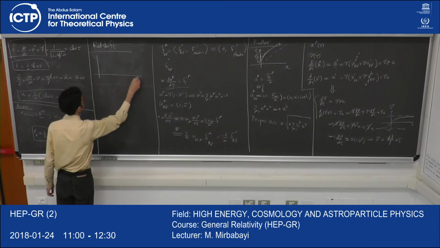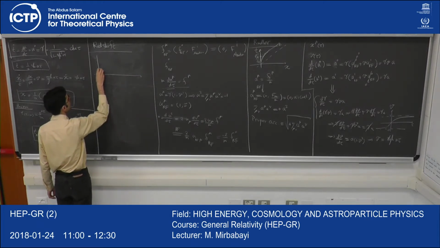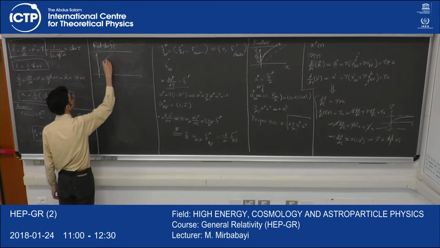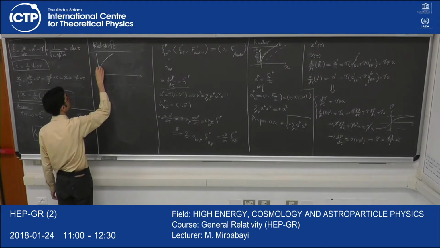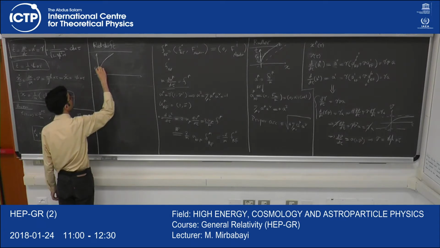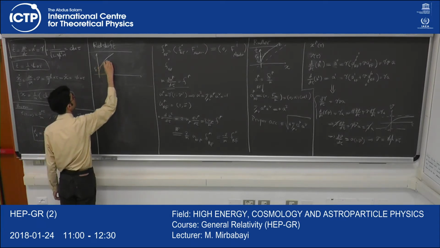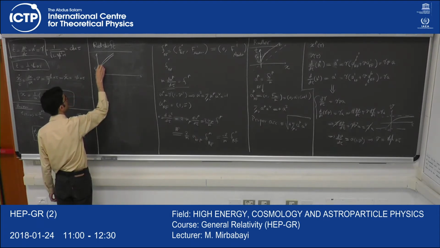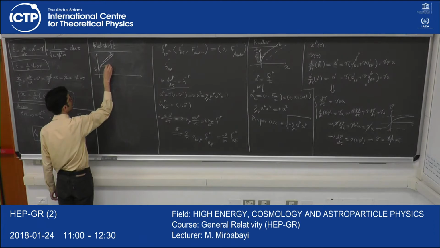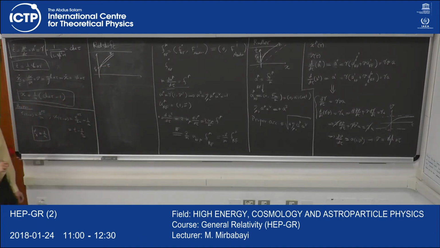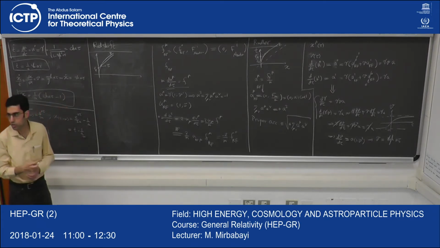Let me draw another picture. So there is this trajectory. There is a message sent at TE, and then it travels with the speed of light. So it crosses Bob's trajectory at this point, and we want to see what is tau corresponding to that. Why is it useful to know that?